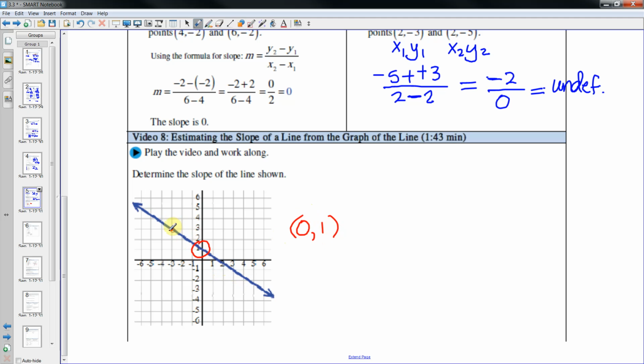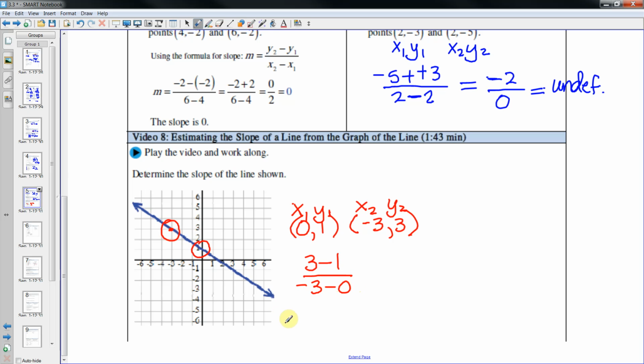Looks like right here there's a good point that hits just right on target where it's easy to get the ordered pair. Negative 3, 3. And you just kind of have to search down the line until you can get one that's a good one. So this is x1, y1, x2, y2. So I have 3 minus 1 over negative 3 minus 0.